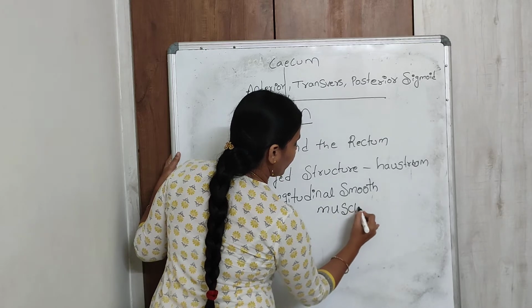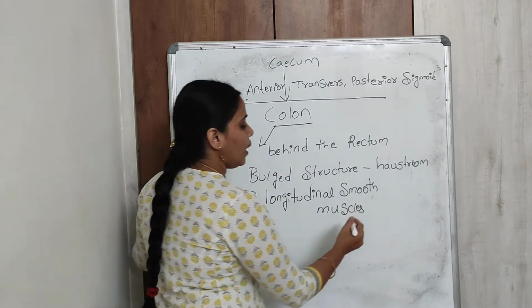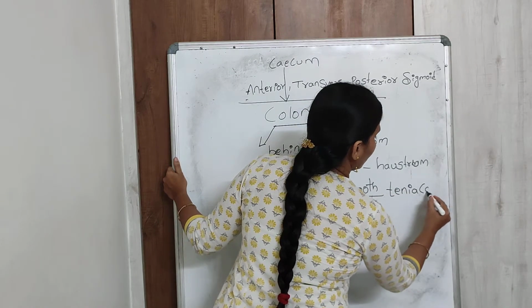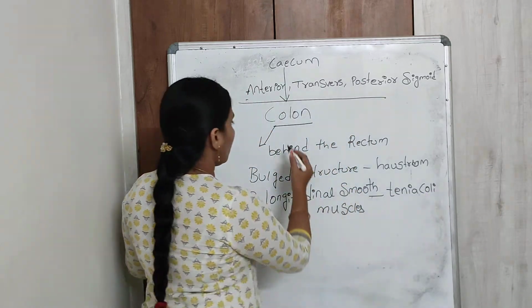Three longitudinal smooth muscles called taenia coli. Right.